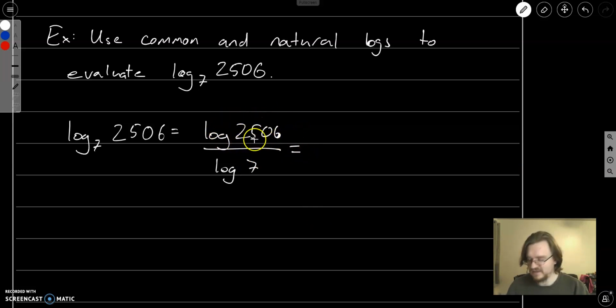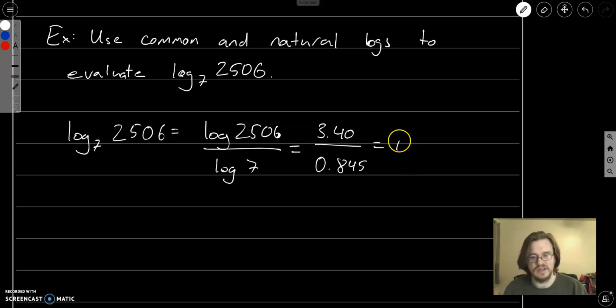If we find the top and the bottom, the log of 2,506 is about 3.4. So here I've rounded a little bit. If we take the log of 7, plug this into Google, you'll get 0.845. And again, I've rounded.